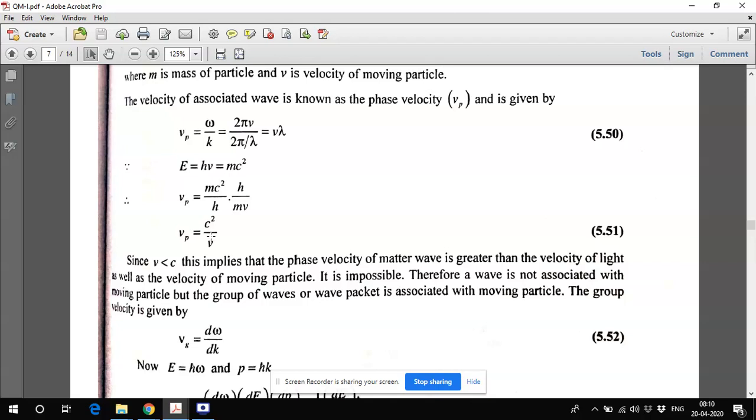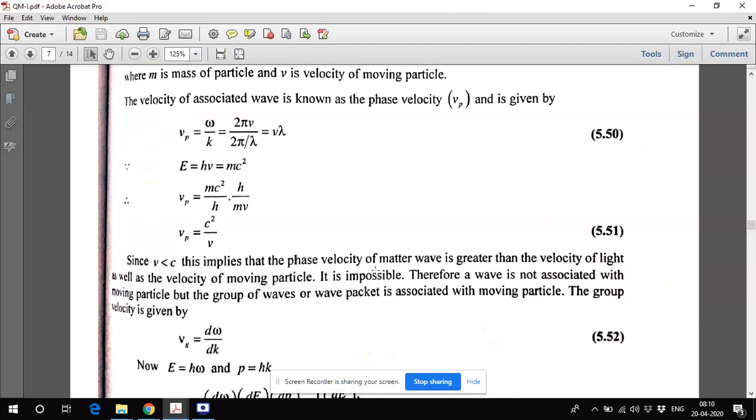So I leave one c here and multiply it by some quantity which is more than 1, 1 point something, because v will not be equal to c. That 1 point something multiplied with c ultimately gives me Vp which is more than c. Is it okay? It means that my matter wave can be greater than the velocity of light.